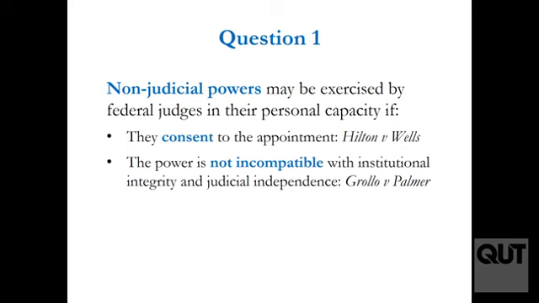And on our facts, because the federal court judge is just the chair, it doesn't seem to be a full-time role. So I think this judge could still perform his or her primary function as a judge of the federal court. So I think that would probably be okay. But I still think that this piece of legislation has some real problems from the separation of powers point of view.